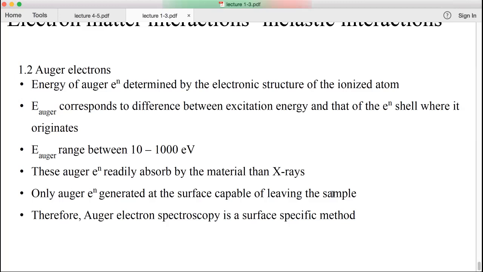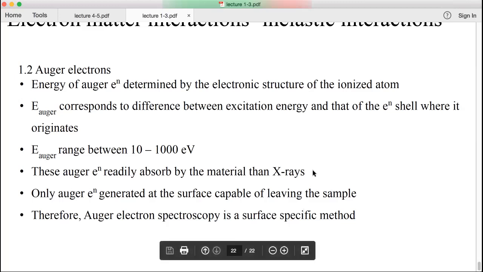It also depends on which shell this Auger electron was residing in before it was ejected. Normally, the energy of an Auger electron ranges between 10 to 1000 electron volts. So they have comparatively lower energy because they are mostly outer shell electrons.